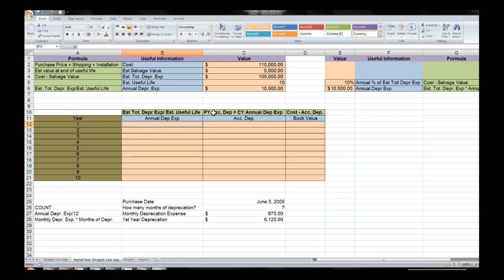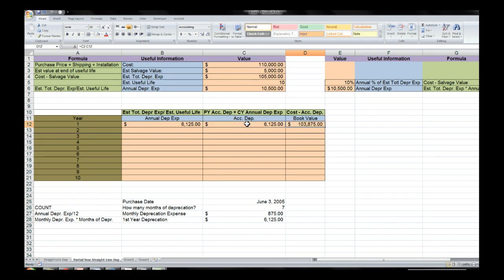Well, for our first year, we calculated $6,125. Our accumulated depreciation is the prior year accumulated depreciation plus current year annual depreciation expense. Well, that's going to be no prior year and 6,125 for the current year. So that's going to be 6,125, and our book value is going to be our cost minus our accumulated depreciation, which is $103,875.